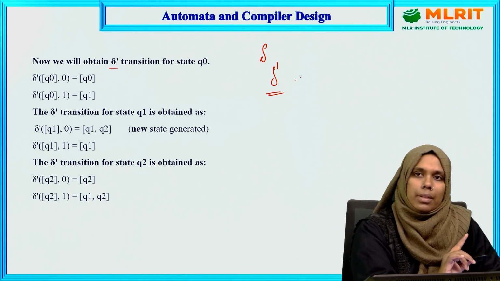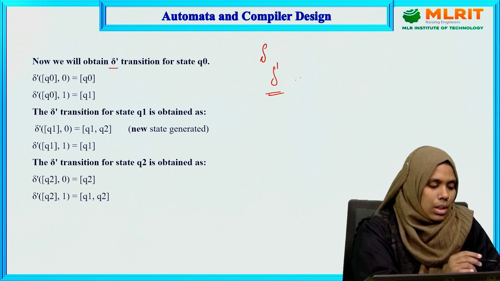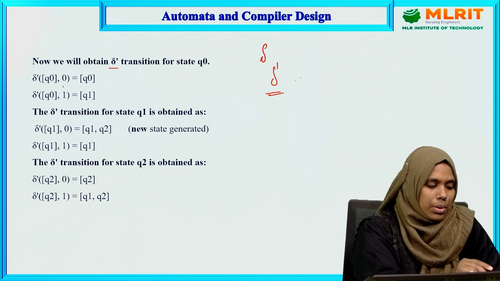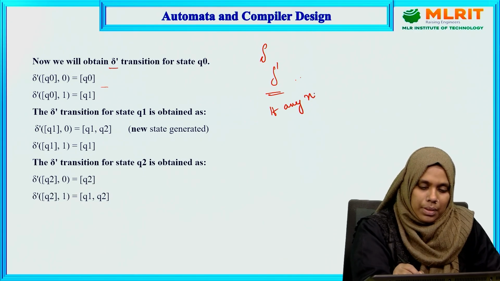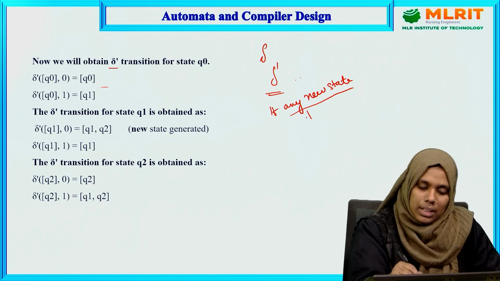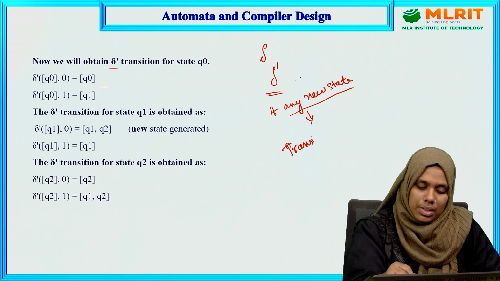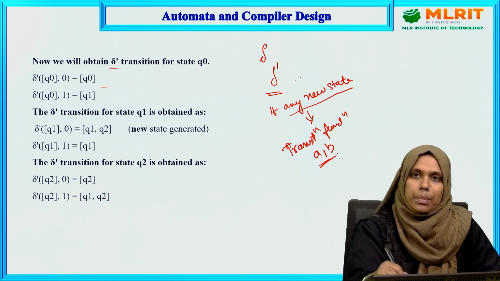Already we have defined it in the table, and the same thing we are defining with the help of the transition function: δ' of Q0 on 0 is Q0, Q0 on 1 is Q1. Here we have to observe that if we get any new state, then for that new state we have to again generate the transition function for the inputs 0 and 1.